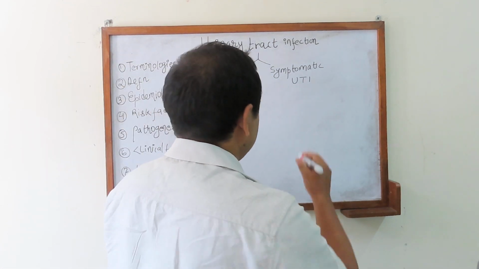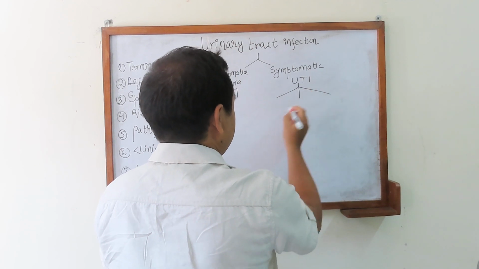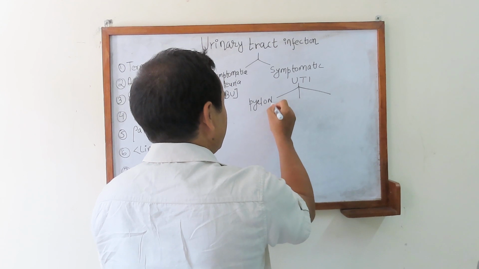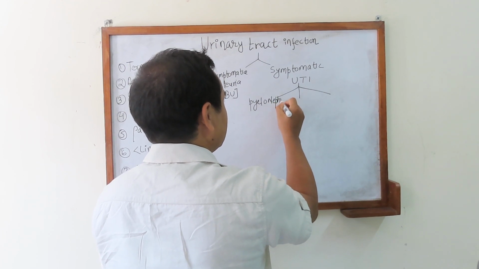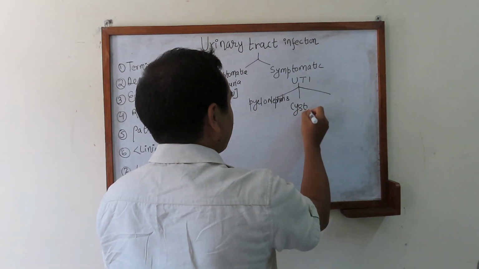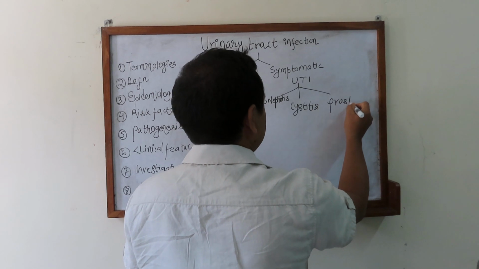Okay. And symptomatic UTI is basically of three types. One is pyelonephritis, second one is cystitis, and third one is prostatitis.